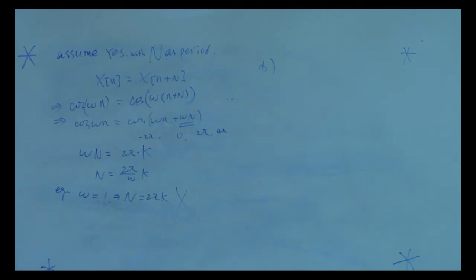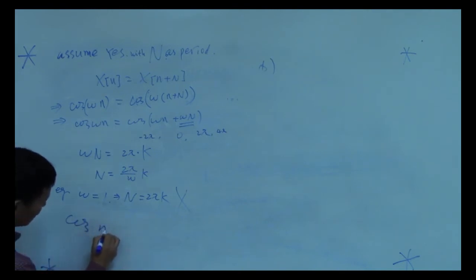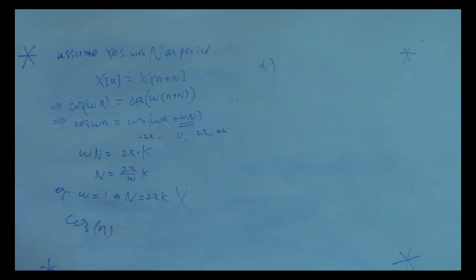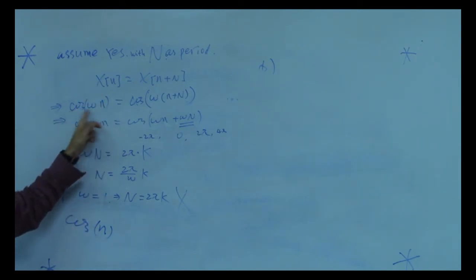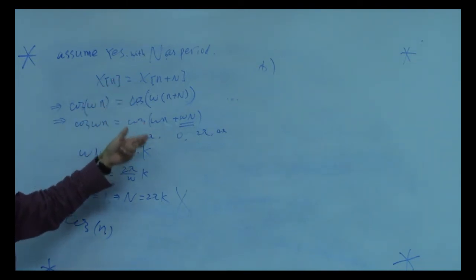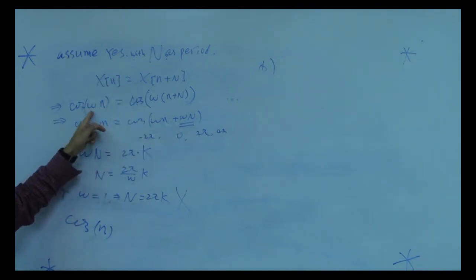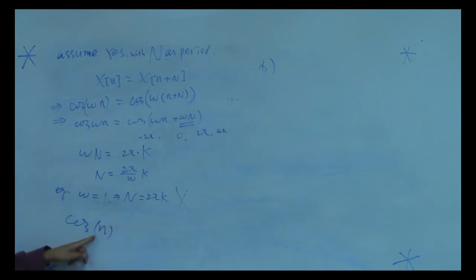So if it didn't have the capital N, it would have been a period. That means cosine n is not periodic, because here omega equals 1. We assumed omega n is periodic, so I chose one example, omega equal to 1. That means cosine n, the conclusion is that it's not periodic.